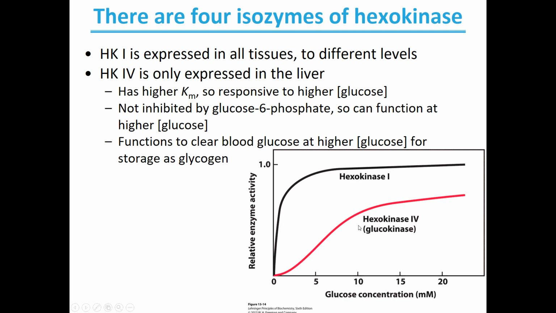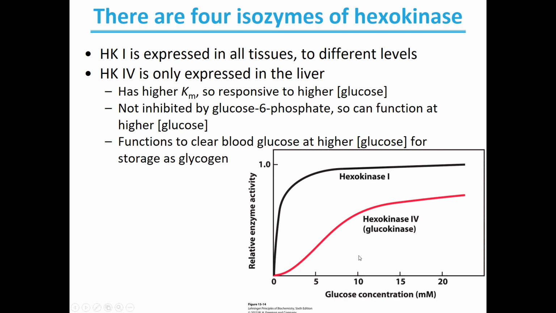If we look at these graphs, we can notice that the Km value for glucokinase is a much higher glucose concentration than the Km value for hexokinase 1.